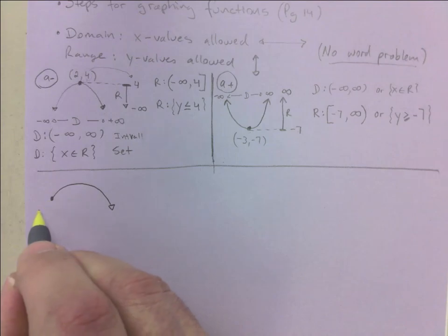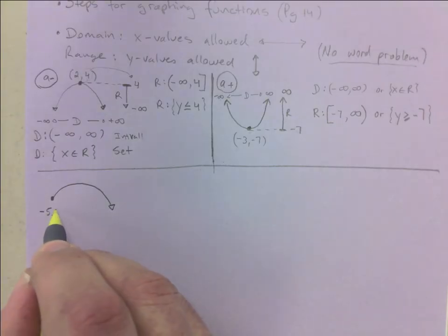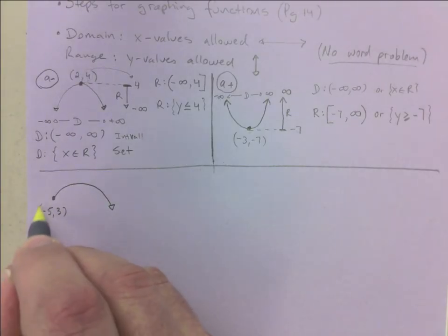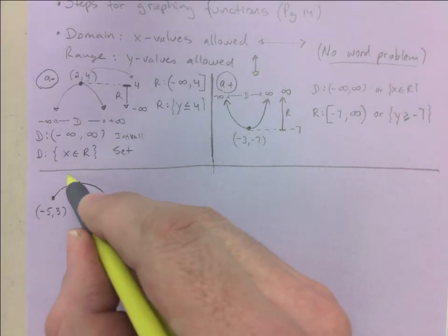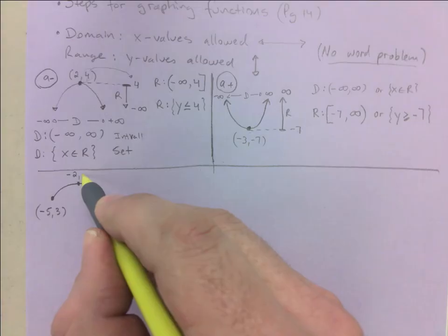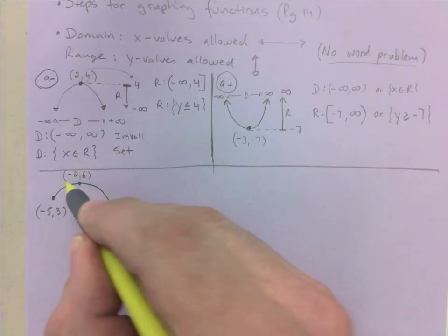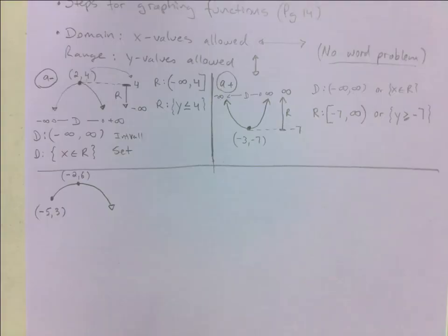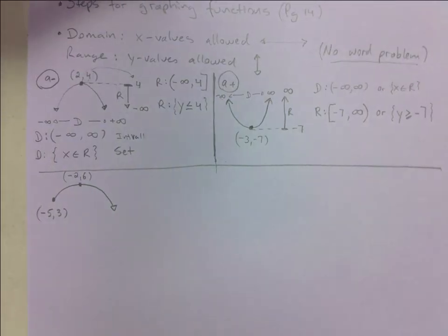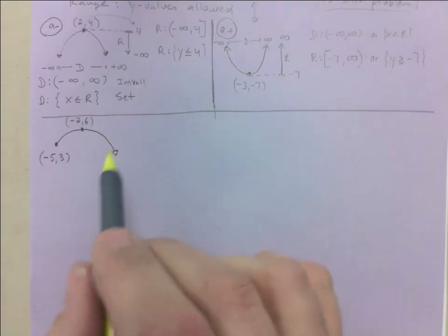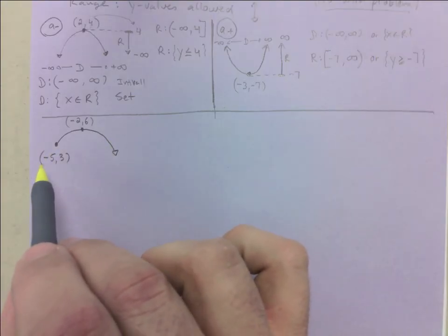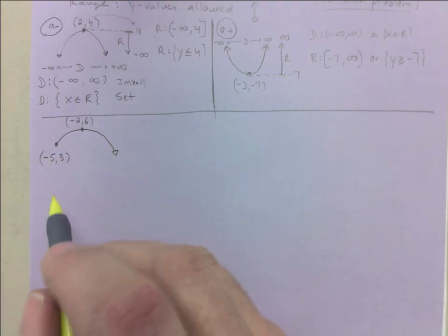And this point right here, let's say this is -5, 3, and the vertex is -2, 6. So imagine something like this. So this one doesn't continue to the left forever. It doesn't go that way.